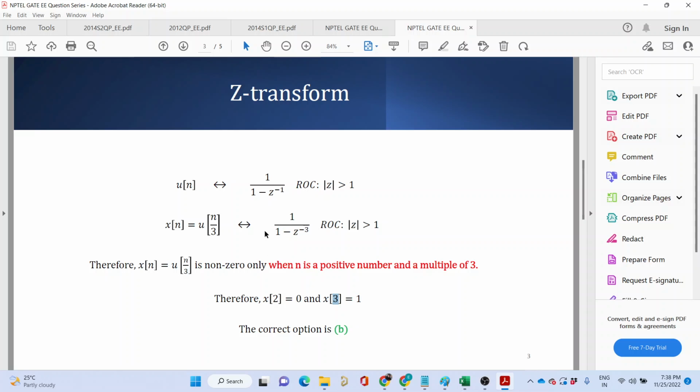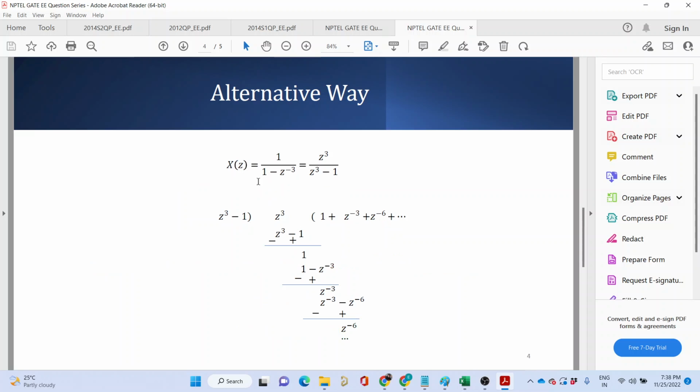In case you don't remember all these properties, you have another way of doing it. Just like Navkirti said, I have not revised. So you don't need to revise, just know the basic definition of the z transform. So you just simplify this, and what you get is z cube divided by z cube minus 1.